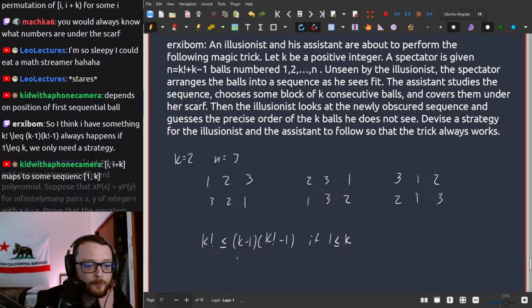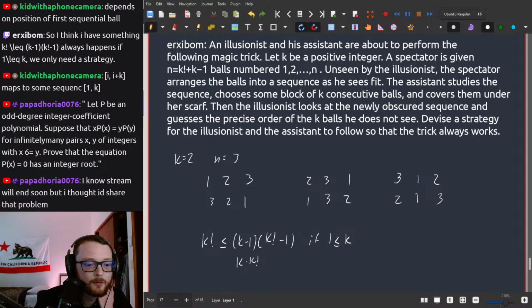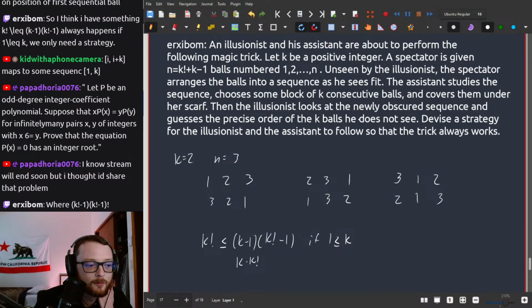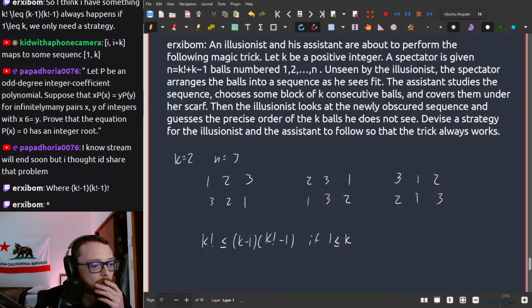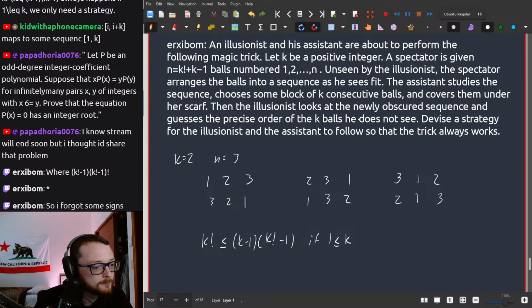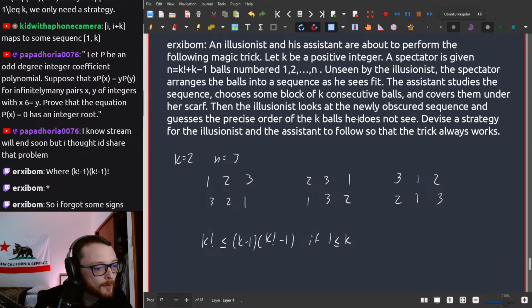Why is this helpful? If k factorial... oh, there's an extra. Wait. Like that maybe.